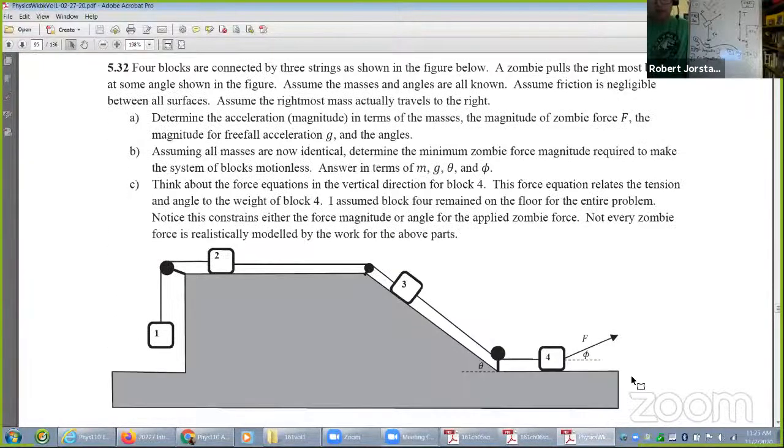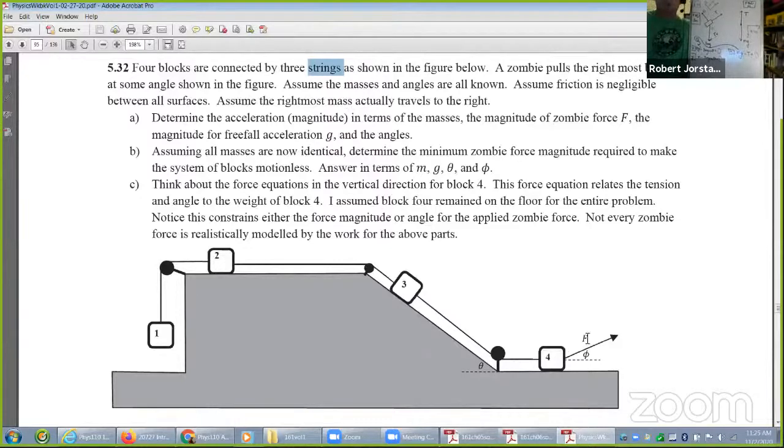I want to look at this one now. 432, it's on the next page. So what is that, 93 or something? There we go. And so I just want to point this one out. Four blocks, you got three strings. Unless otherwise specified, we're going to assume these are ideal strings, massless and inextensible.